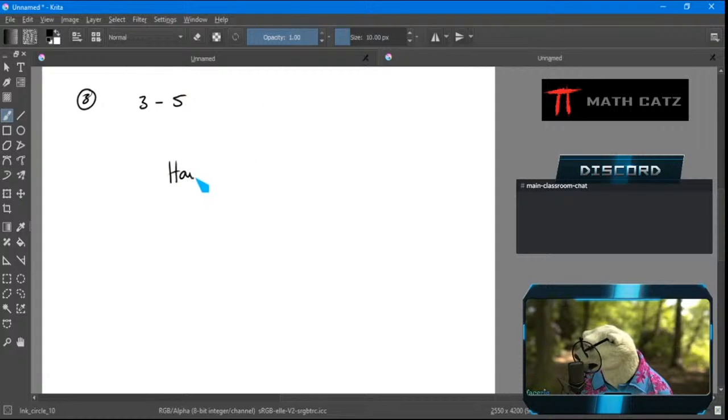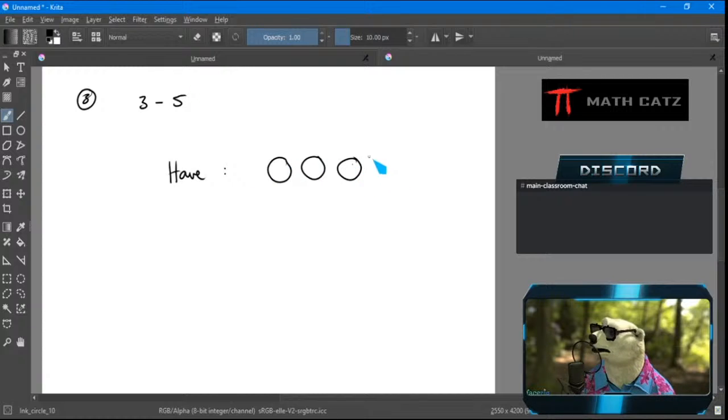So my first number is representing how much I start with. And it's a positive number in this case. So I have 3 chickens running around on my farm. They don't look very running, but that's okay. Now we are subtracting.